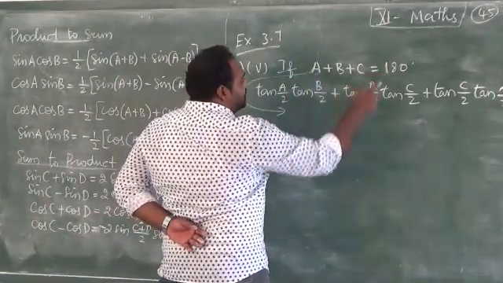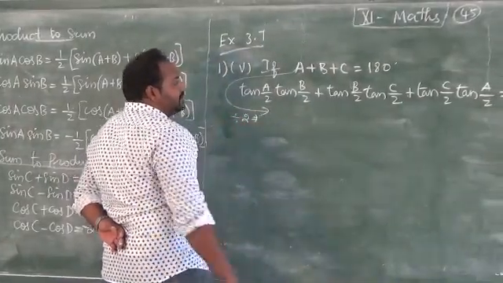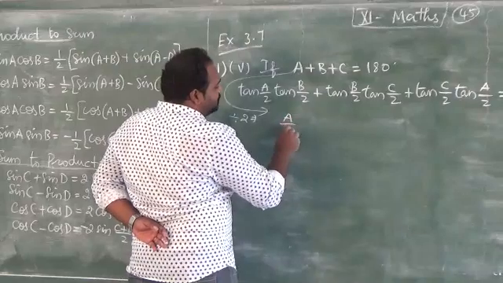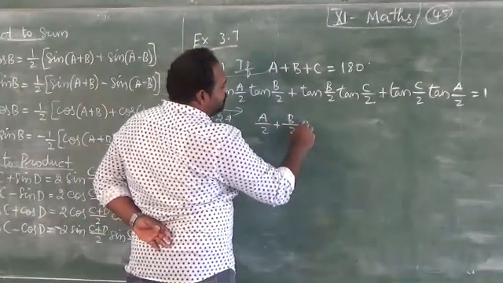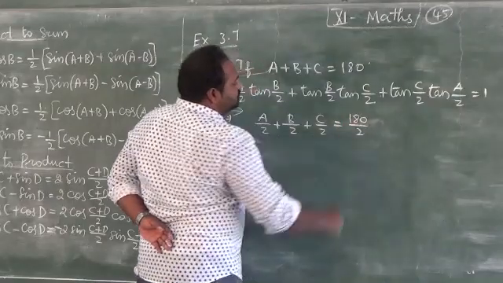A plus B plus C equals 180. I am going to divide by 2 throughout the given equation. So A by 2 plus B by 2 plus C by 2 equals 180 by 2.